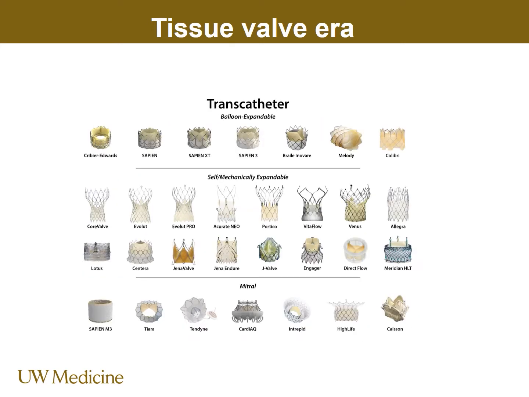As well as the bioprosthetic surgical valves, there's now an assortment of TAVR valves that are available. And multiple studies have been done looking at the variety of valves, which are higher and lower risk for a valve-in-valve coronary obstruction.